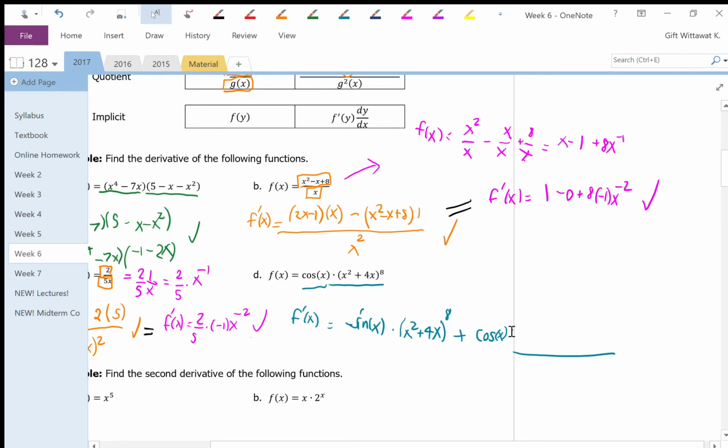However, if you look carefully, your second term is (x squared plus 4x) to the 8. To find the derivative of this, you are going to have to use the chain rule. If I use the chain rule, the derivative of that is going to be 8 times (x squared plus 4x) to the 7.